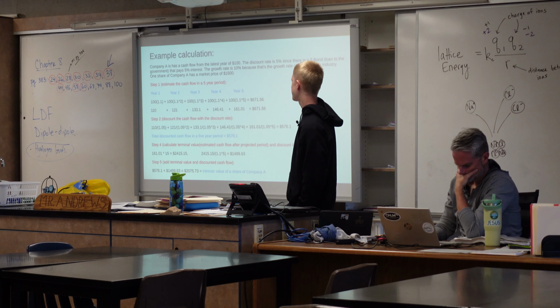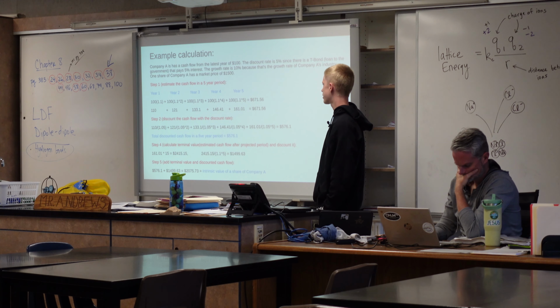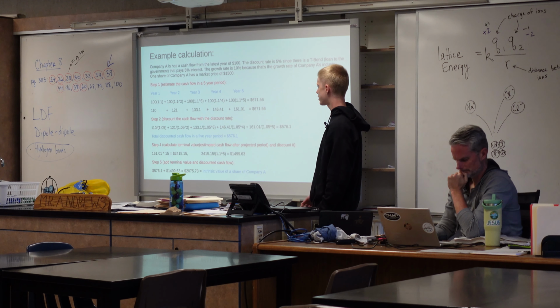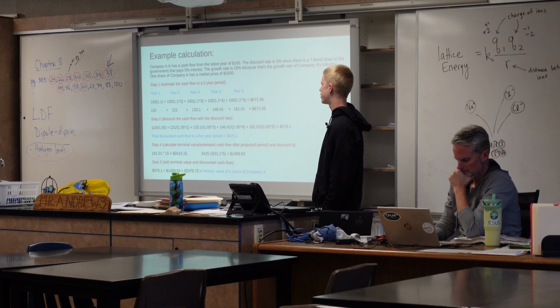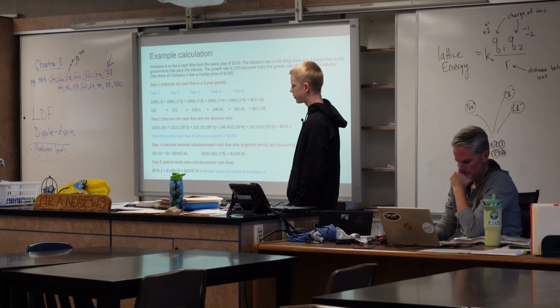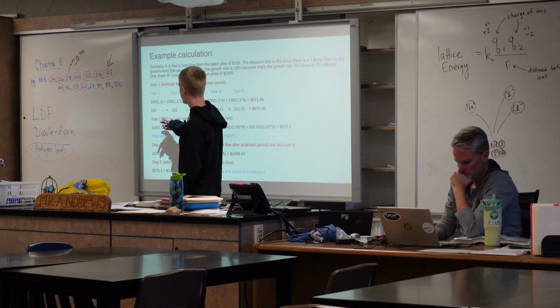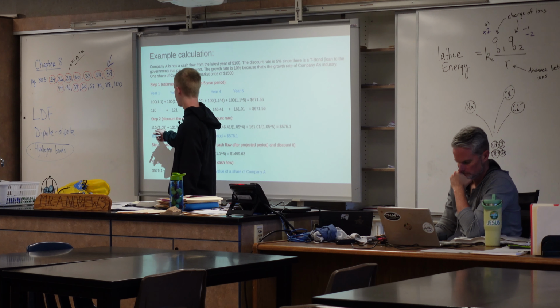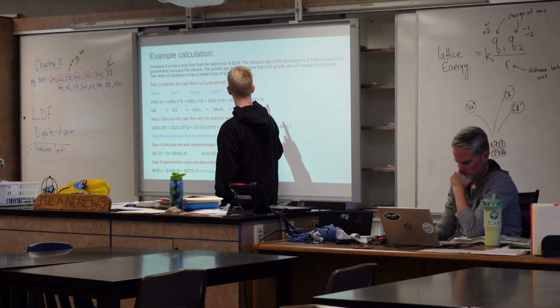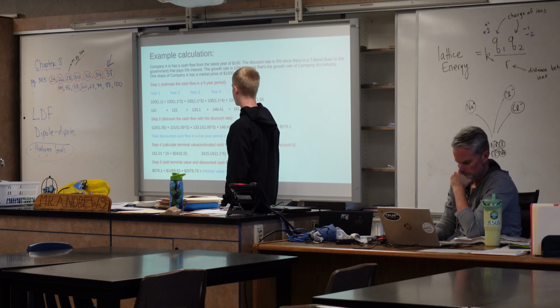Okay. So, step 2 is to discount the cash flow with the discount rate. So to do that, we take these numbers from these years and divide them by 1 plus the discount rate, which in this case is 5%.